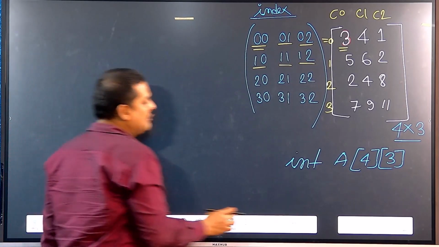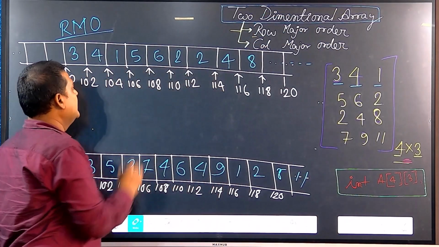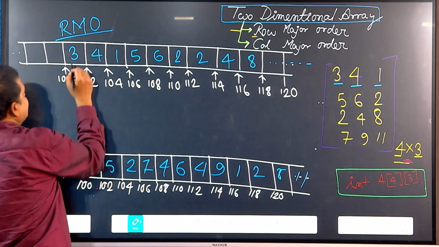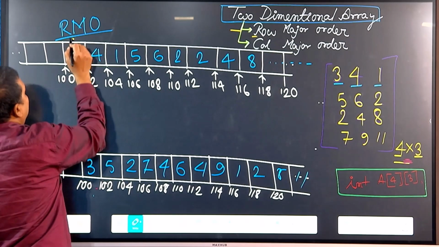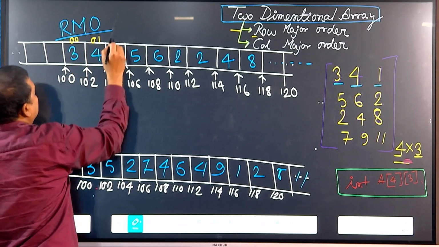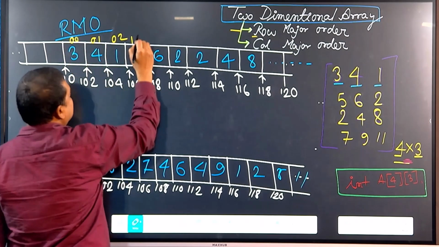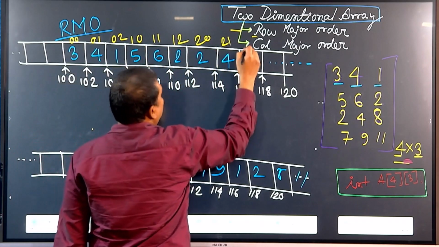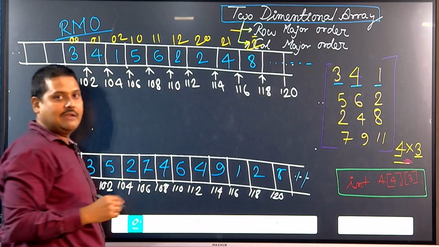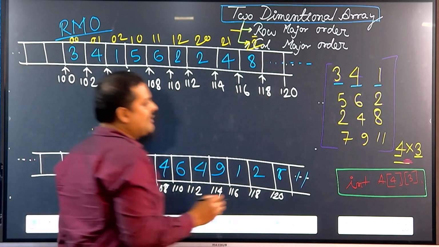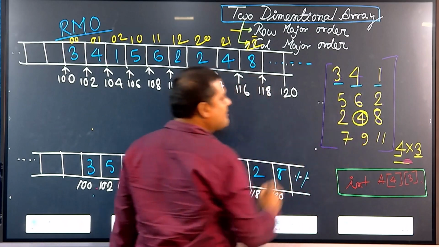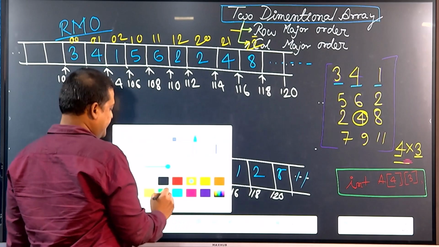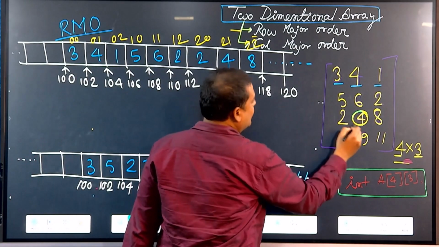Say for example, I want to know the address of this value, this 4. The indices are 0 0, 0 1, 0 2, 1 0, 1 1, 1 2, 2 0, 2 1, 2 2, and this way all the values are stored. Now, how can we know it?